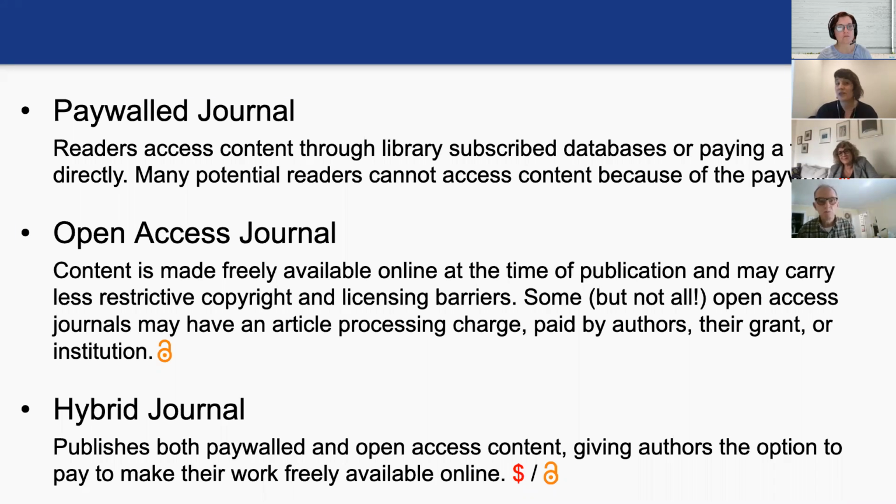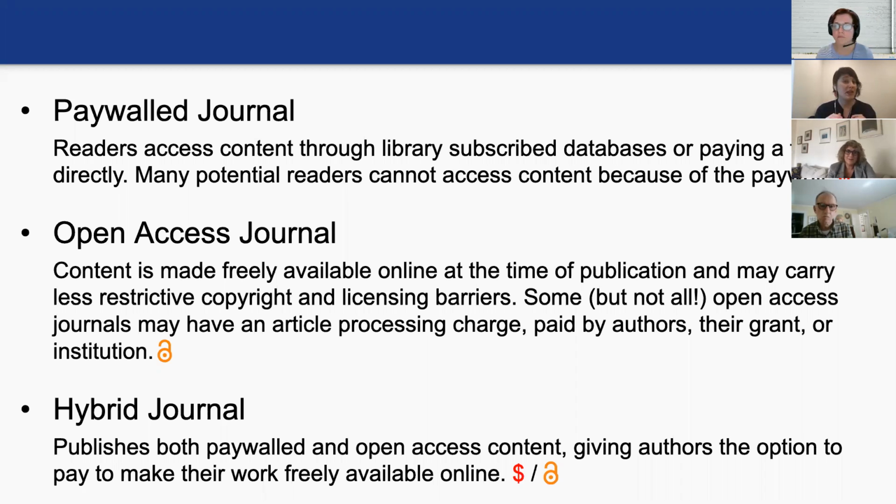CUNY does not have a central fund to support this, and those schools that do, so a number of R1s do have a central open access fund, they've really found that they're unsustainable and they quickly run out before the fall semester even finishes. So it's important to note that journals will offer a waiver or a reduced fee to authors that don't have funds to support them. These are sometimes by some journals limited to scholars in developing countries, but exceptions are made and it's always worth asking.